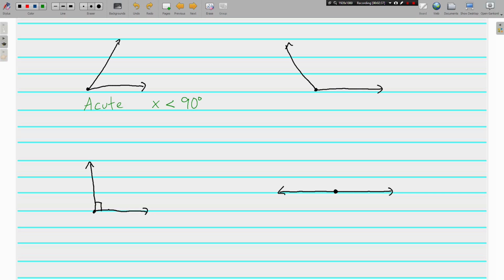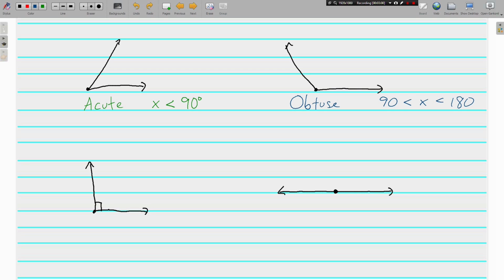This one over here, I'll switch colors, is obtuse. Obtuse angles are greater than 90 degrees, but less than 180. So between 90 and 180.